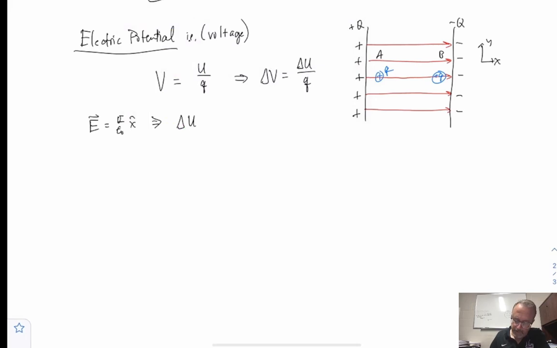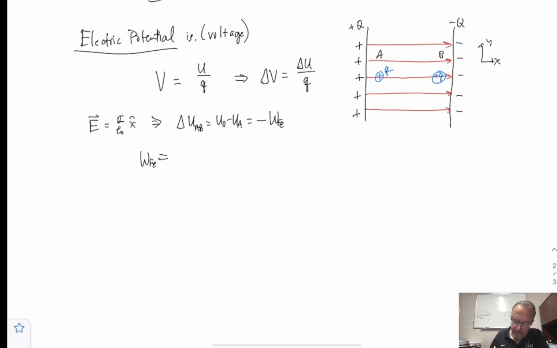The change in potential energy moving from A to B, which by the way would be UB minus UA, is going to be equal to the negative of the work done by the electric field when we move from A to B. Let me calculate.